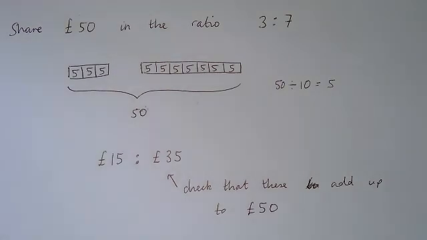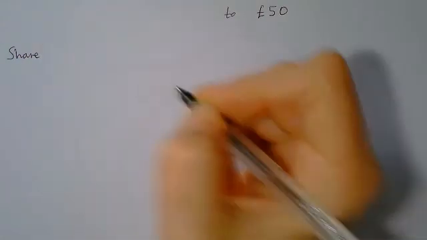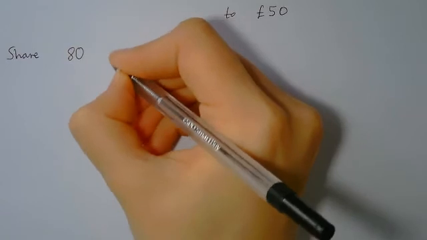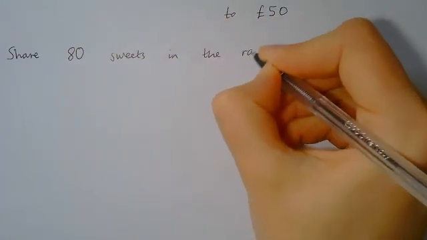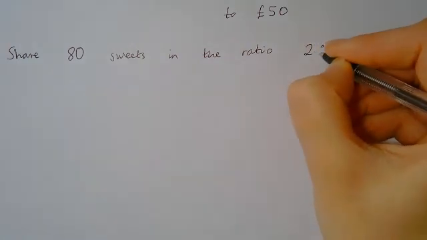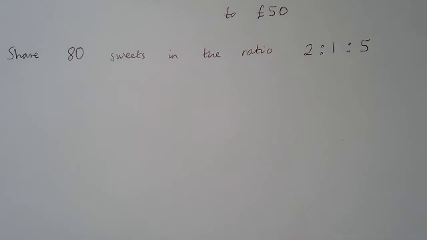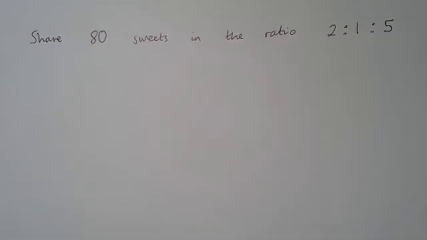Okay, so let's look at one more of those, one more for your grey book. This time I'm going to use 3 numbers. So let's share some sweets. Let's share 80 sweets in the ratio 2 to 1 to 5. So this time, look, I've got 3 people, and I'm trying to share my sweets between 3 people.